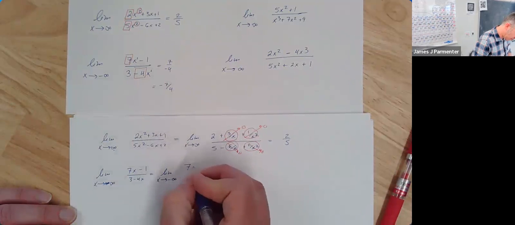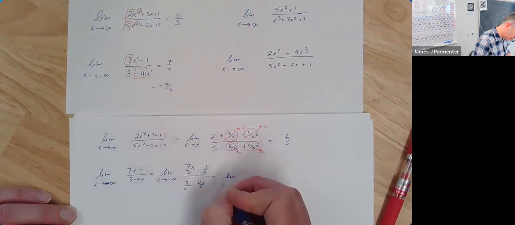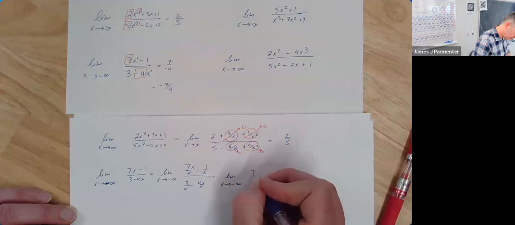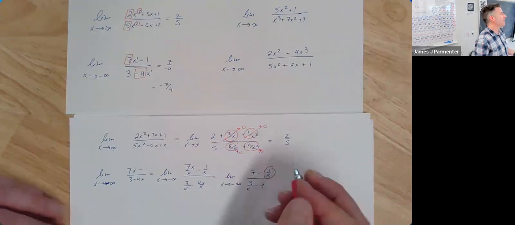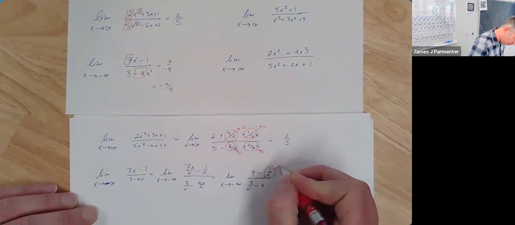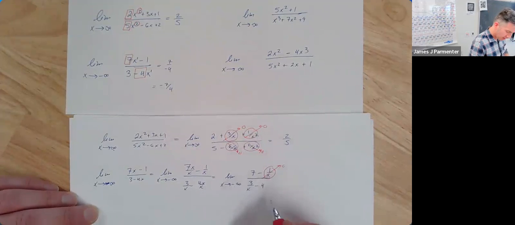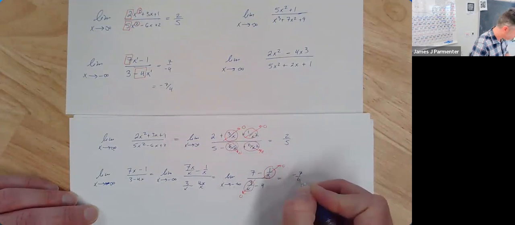We're going to get 7x over x minus 1 over x, over 3 over x minus 4x over x, which is just the limit as x goes to minus infinity of 7 minus 1 over x, over 3 over x minus 4. 1 over something, I'm going to say this probably a thousand times, 1 over something really big or really negatively big is really small. So 1 over x goes to 0 as x goes to negative infinity, and 3 over x goes to 0 as x goes to negative infinity. So we end up getting -7/4.